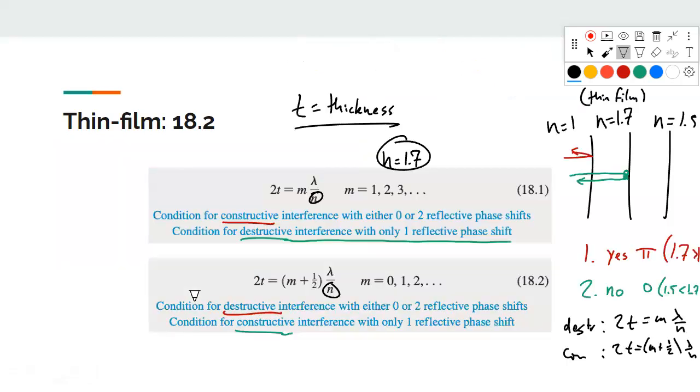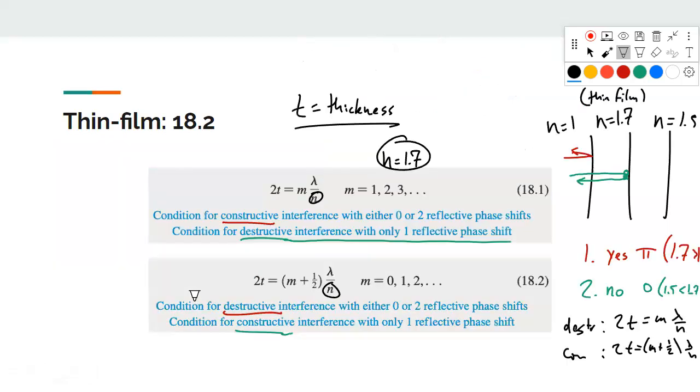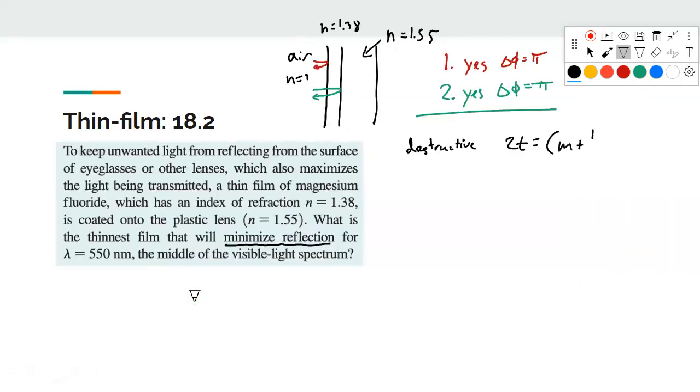And so we're going to use this bottom equation: 2t equals (m plus 1/2) times lambda over n. And I guess I didn't say this before, but the reason we have a lambda over n in this equation is because the wavelength of the light in the film gets changed by a factor of n because the velocity is changing. So the wavelength is lambda over n.